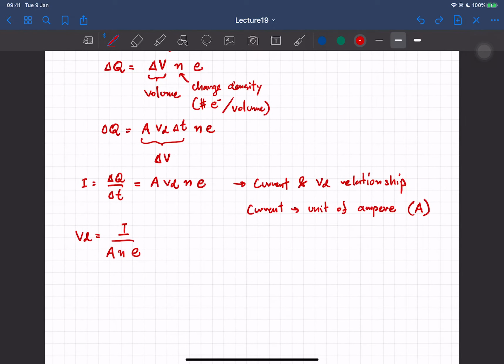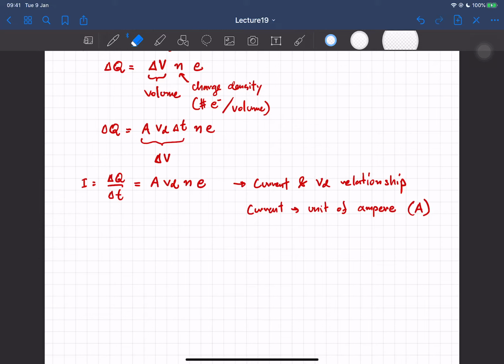But in reality, we are not really dealing with these parameters directly. We're going to talk about a different property of the material, which is related to the number of electrons, the density of electrons, in an indirect way.